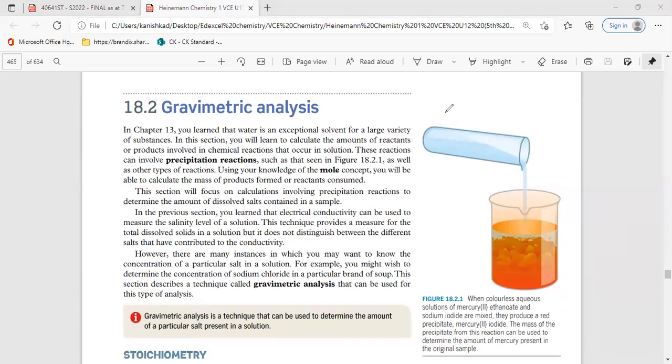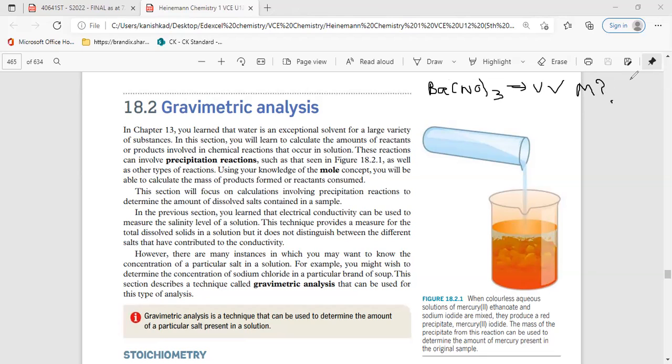Let's say you have a barium nitrate solution where you can measure the volume, no problem, but you don't know its concentration.